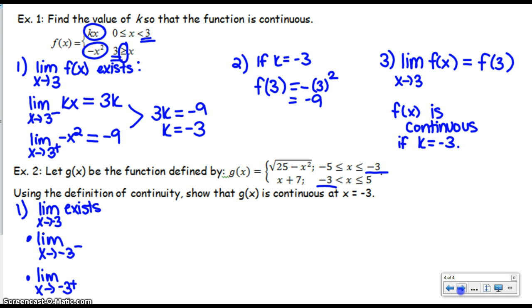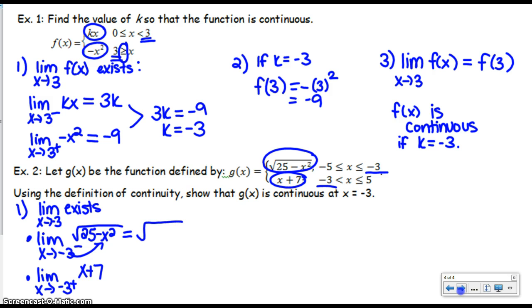Again, when we're doing the left-hand limit, we're going to use the equation that's less than negative 3. So we're going to use the first equation, the square root of 25 minus x squared. And when we're doing the right-hand limit, we're going to use the function that's greater than negative 3, and that's the x plus 7. And then we can just simply plug in the negative 3 for x.